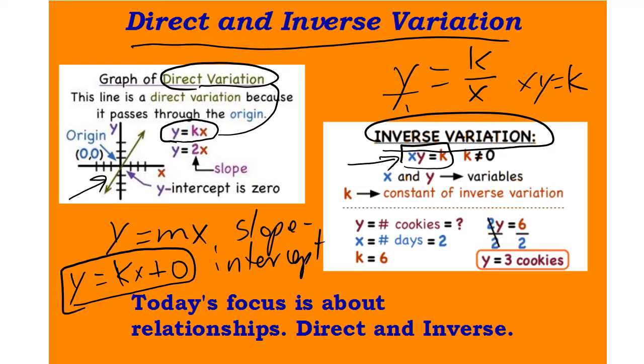And that's one way to remember inverse variation. I like y equals k over x. So as soon as I see the words inverse variation, I write y equals k over x. As soon as I see the words direct variation, I write y equals k times x. If you do that, you will be on your way.